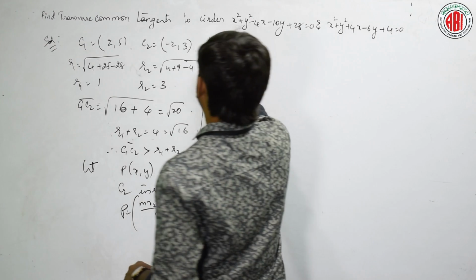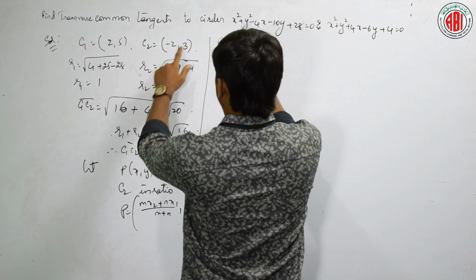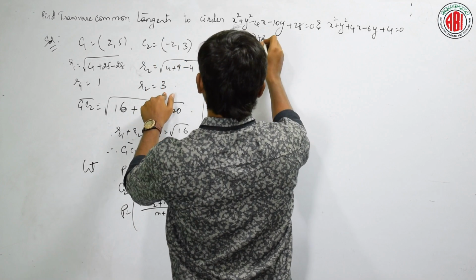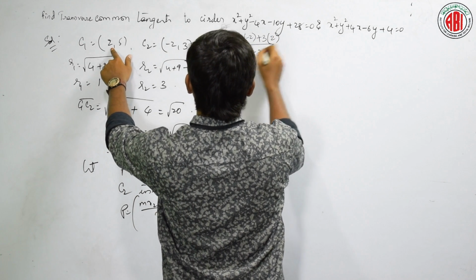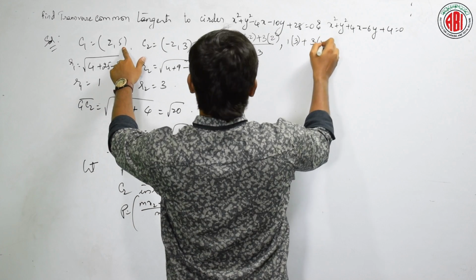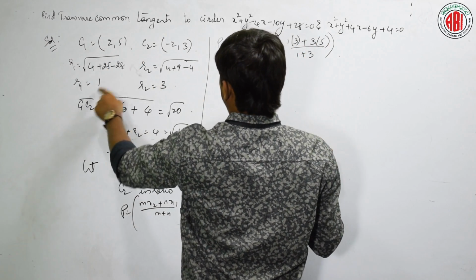So, the point will be (1 into x2 plus 3 into x1) by (m plus n). Do not get confused, check again.